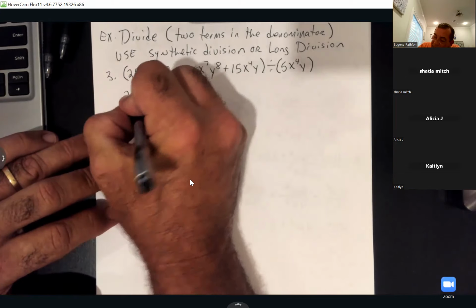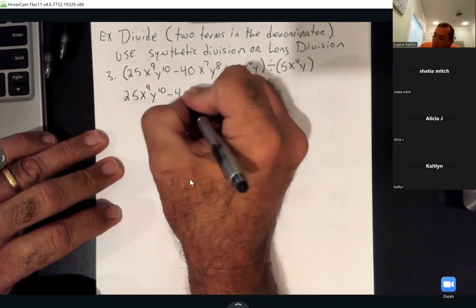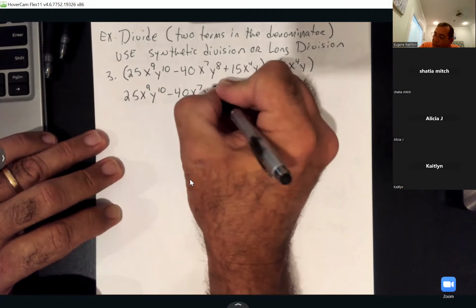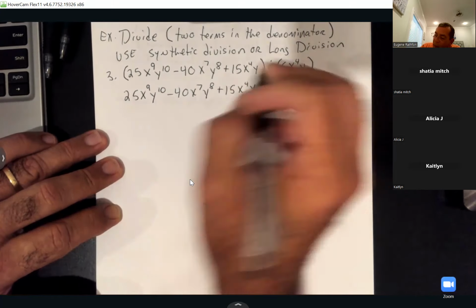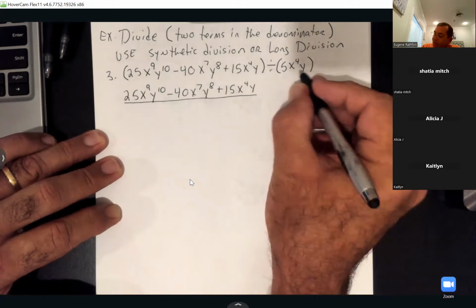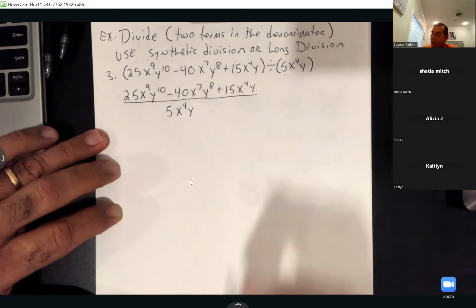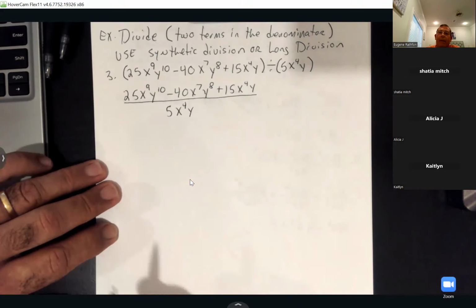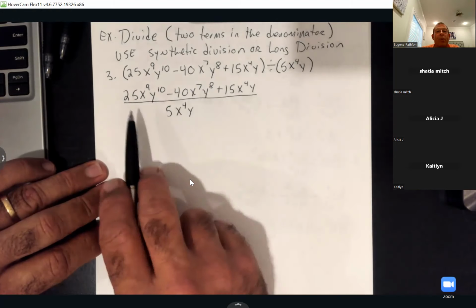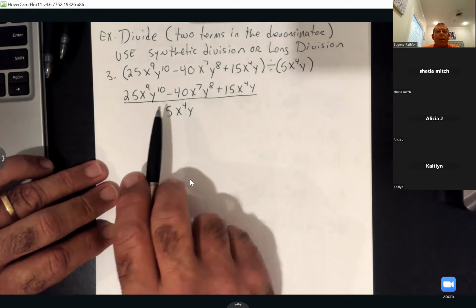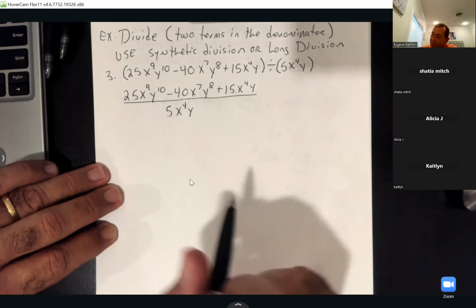So I'm going to have 25 x 9 y 10 minus my 40 x 7 y 8 plus our 15 x 4 y, all of that divided by 5 x 4 y. So yeah, I was looking at the wrong problem, but this is still a single term in the bottom. So remember, I got 3 terms on top. So I will make this into 3 separate fractions, okay?